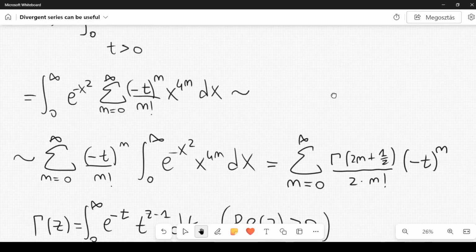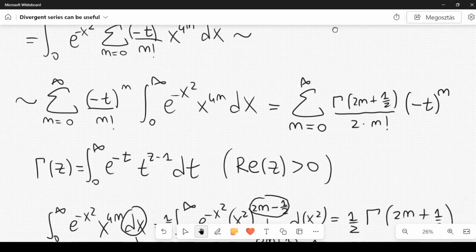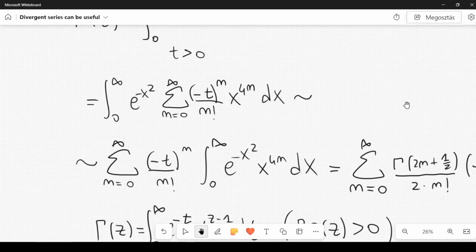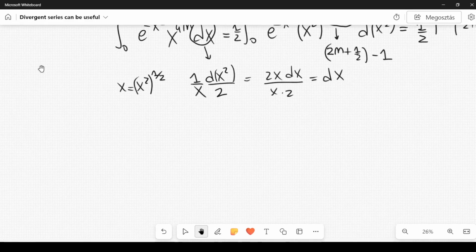First, before proceeding further from here, I want to tell you what physicists and even mathematicians actually mean by putting this symbol here. As I said earlier, that symbol means asymptotic. So what does it mean that a series is asymptotic to a function?